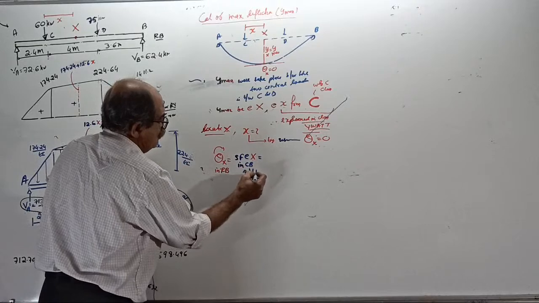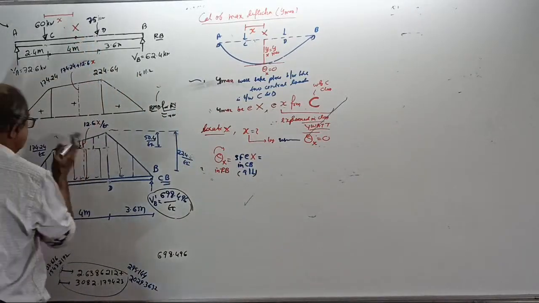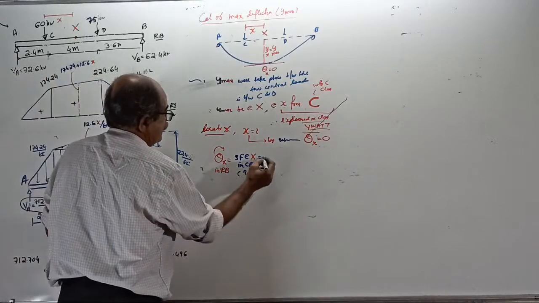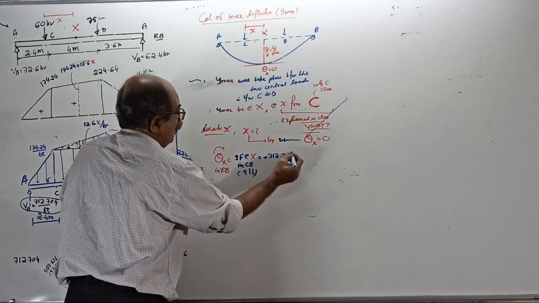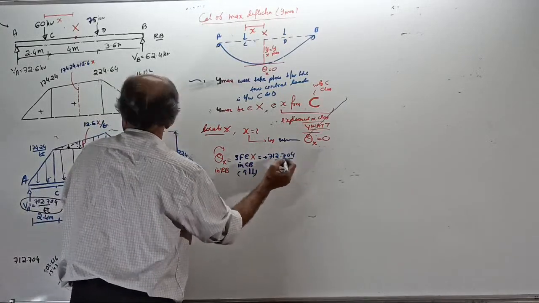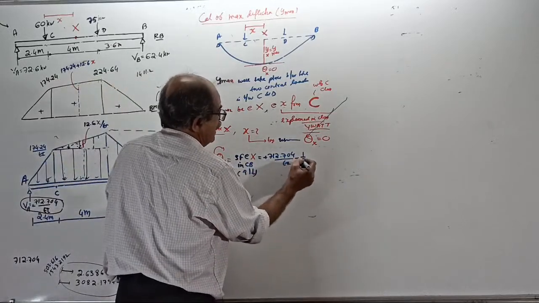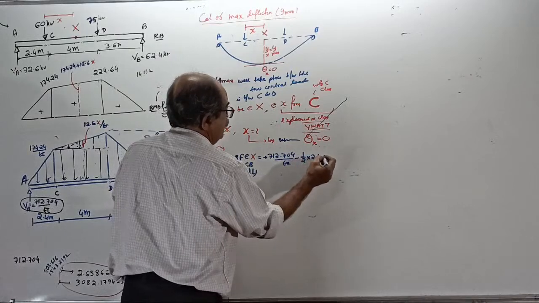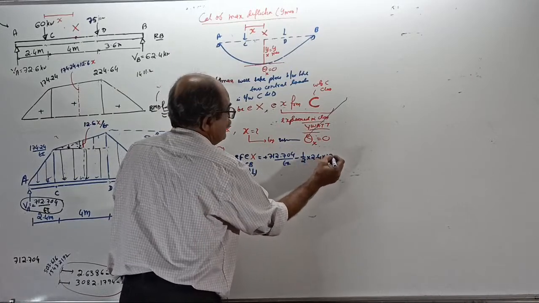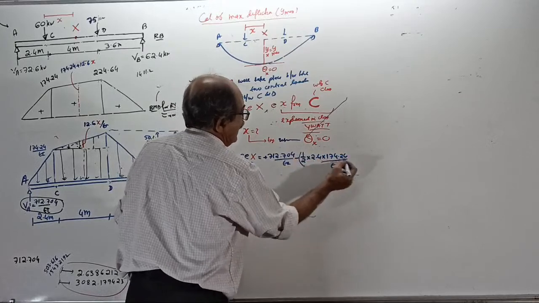Left up, right down, positive. Slope here is shear force here. See, look this side. Plus 712.704 by EI positive, minus the full triangle, minus half into 2.4 into 174.24 by EI, is the triangle.